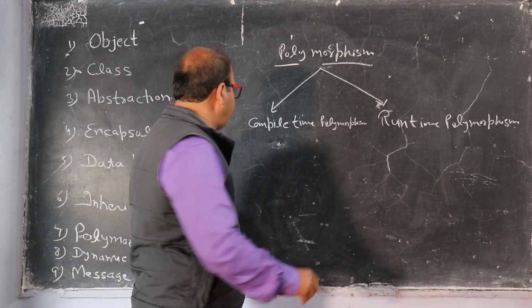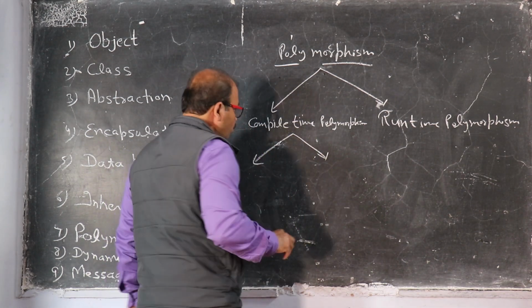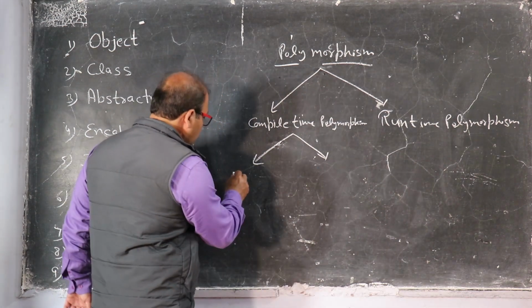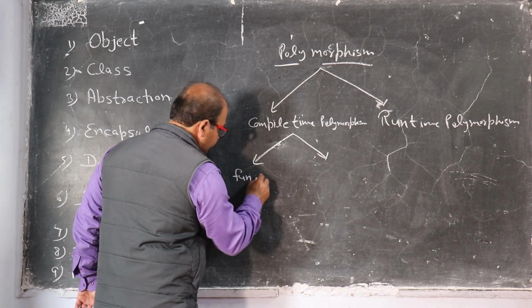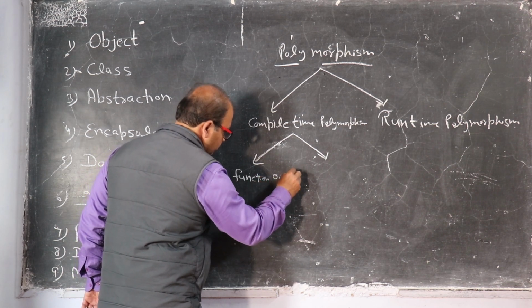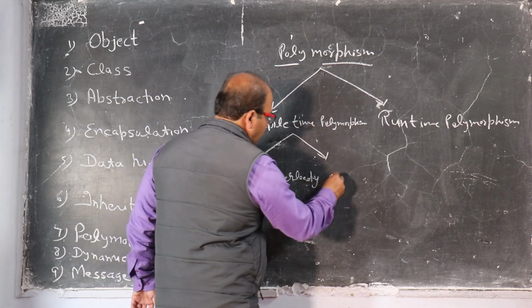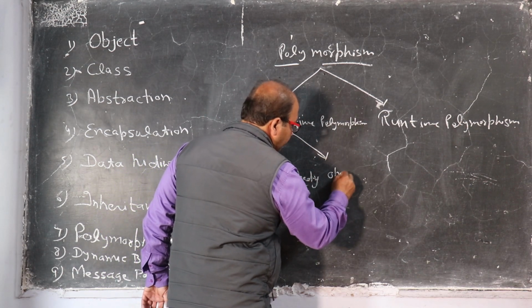Compile time polymorphism further has two variants. One is function overloading and the second is operator overloading.